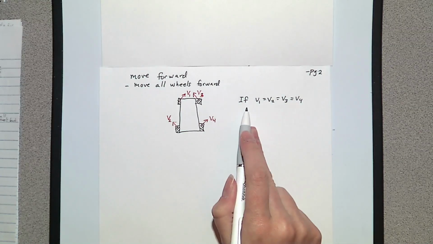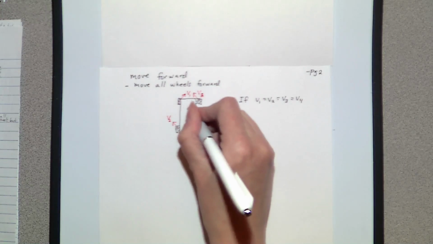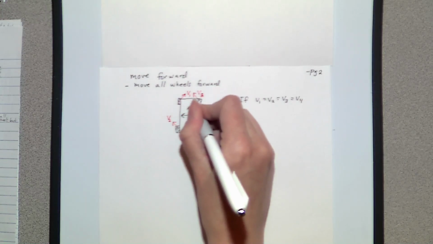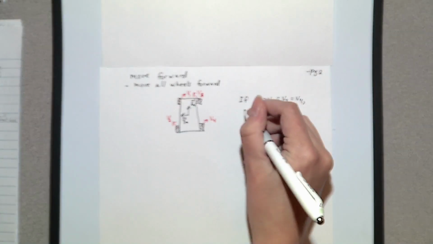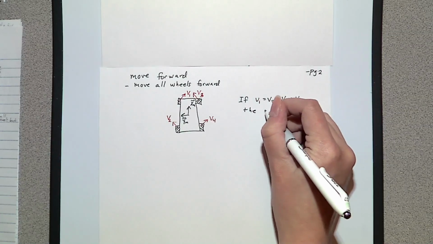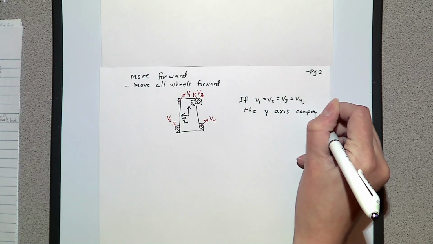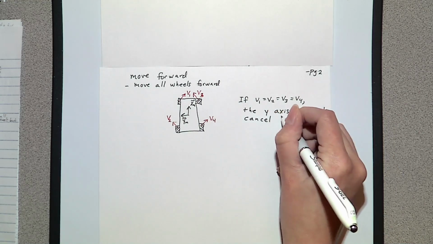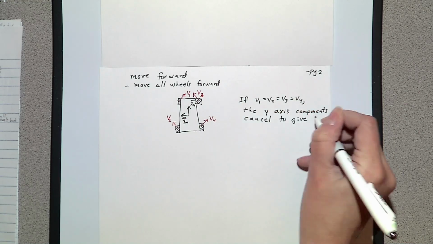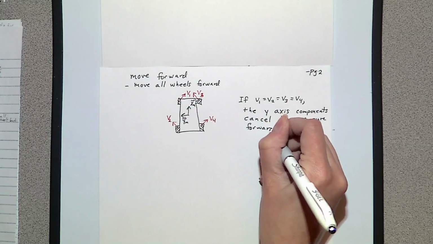So if we apply the same velocity to each wheel, then, so this is our x, and this is our y, the y-axis components cancel to give pure forward motion.